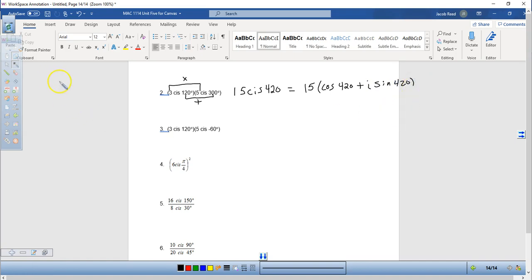Okay, reference picture. So we're talking about going around 360 and then going 60 more. So this is a 60-degree angle. So cosine of 420 degrees, which has reference angle 60, is 1/2.